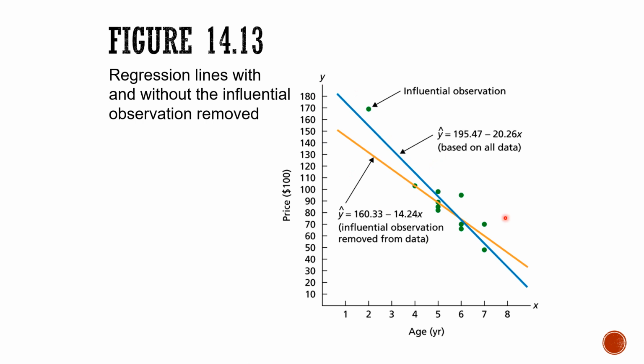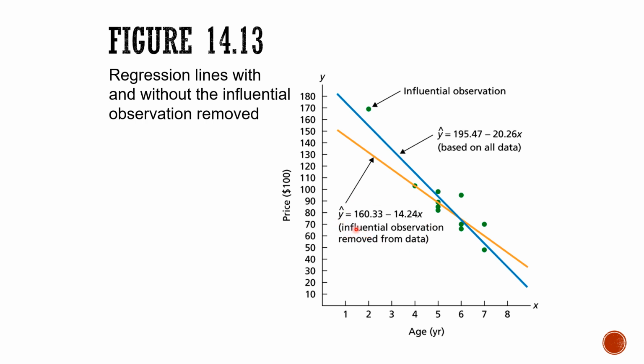All right, so that's what they have done here. This blue line over here is the line of the sample regression equation that we came up with, which was 195.47 minus 20.26x. That's based on all the data. And then they decided to remove this extreme value and they regenerated the equation, and it was a completely different equation.